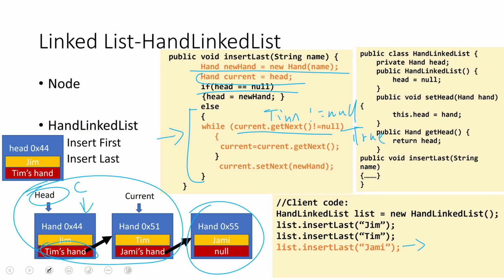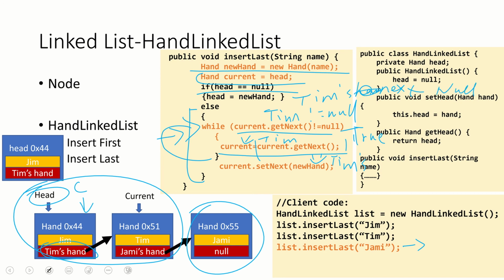right? Which means we need to reset this current to the team, right? Because this is a return team's hand. Okay, now we check the condition again. So right now it is team. Team's next hand is none, right?